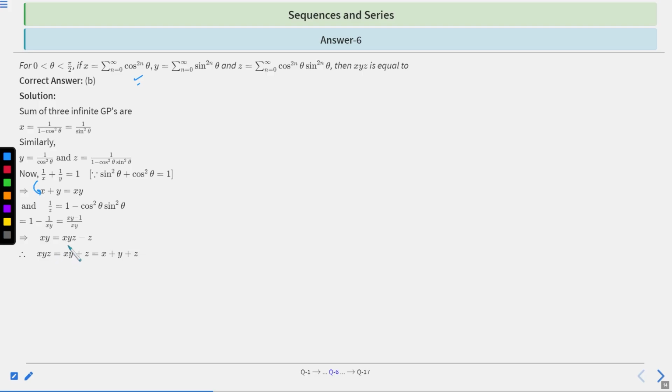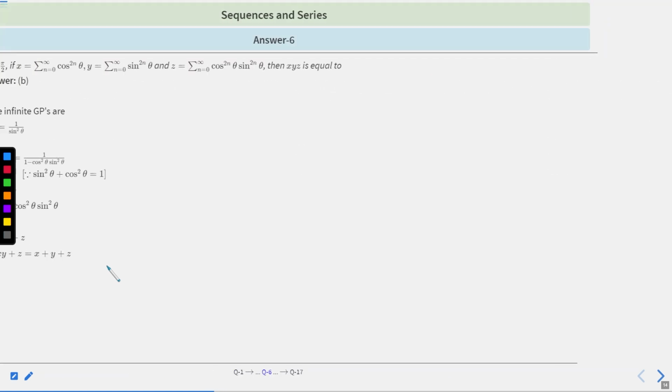So xy is basically xyz minus z. So xyz is xy plus z, and xy is basically x plus y. So xyz is x plus y plus z, right? So I think option B is the right choice.